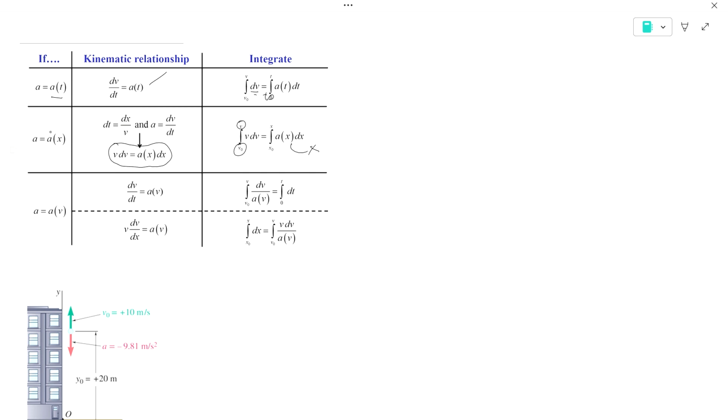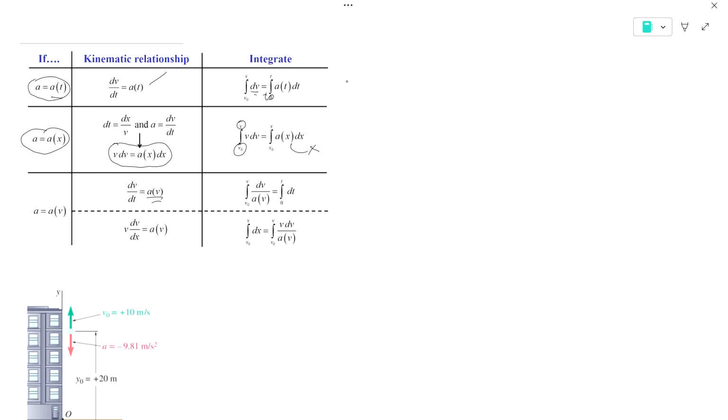One thing is having the acceleration in terms of space, and one thing is having the acceleration in terms of time. All right, and obviously if they're giving us the acceleration in terms of velocity, that means that if we derive the velocity with respect to time, that's going to give us the acceleration in terms of velocity, and we can obtain the space from velocity.